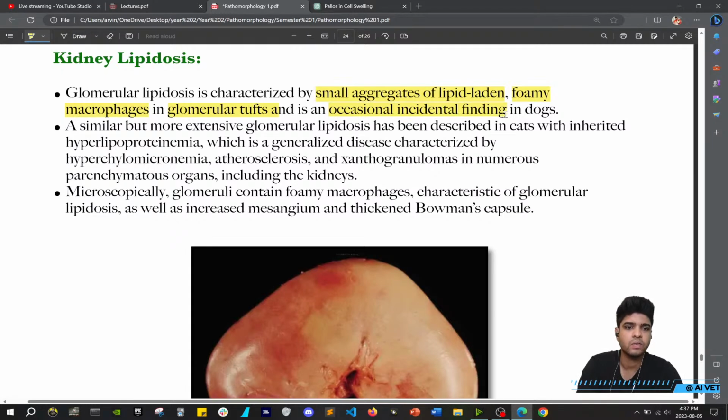Occasional incidental finding in the dogs. Cats with hyperlipoproteinemia can also have extensive glomerular lipidosis.